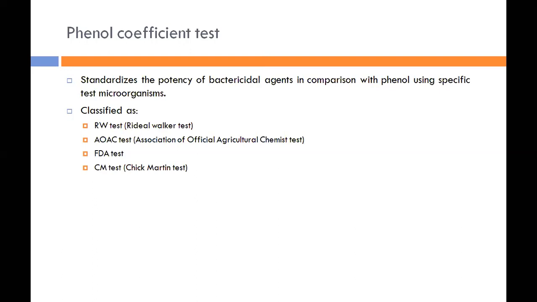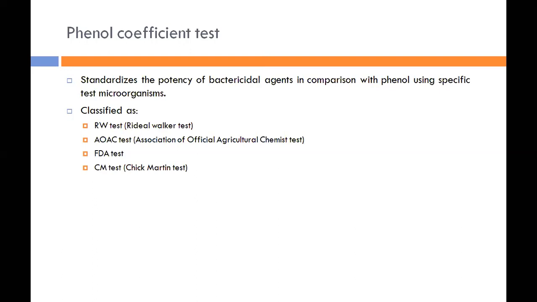The third one is the FDA test, and the last one is the CM test, also known as the Chick-Martin test. All these tests are phenol coefficient tests only. These tests are performed in different ways, but the basic principle and mechanism remain the same. All these 4 tests are 4 variants of the phenol coefficient test.